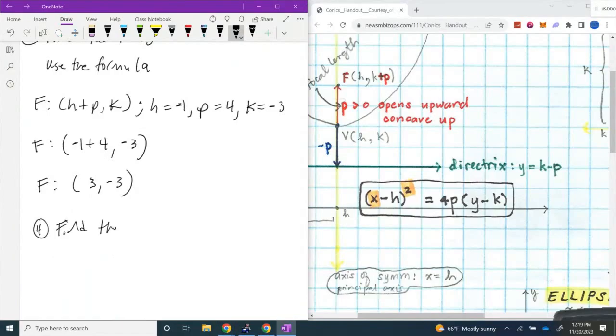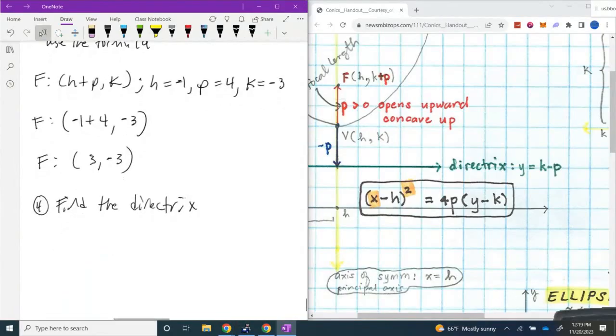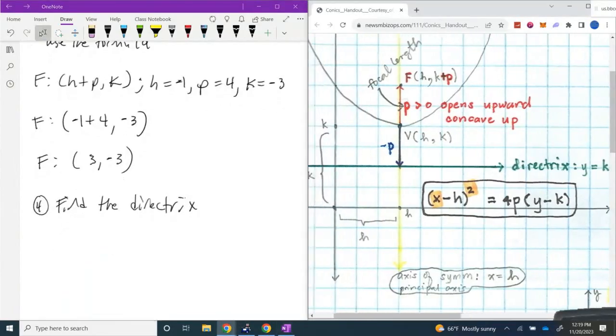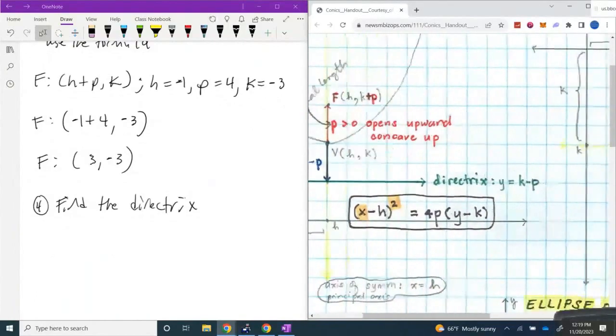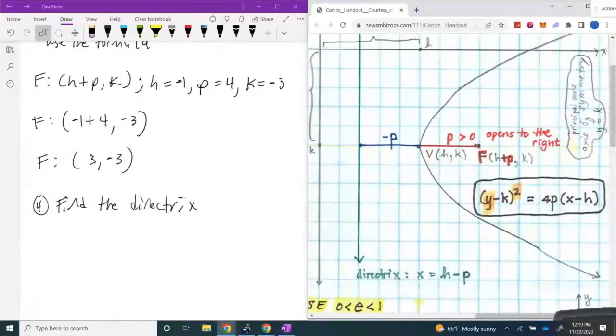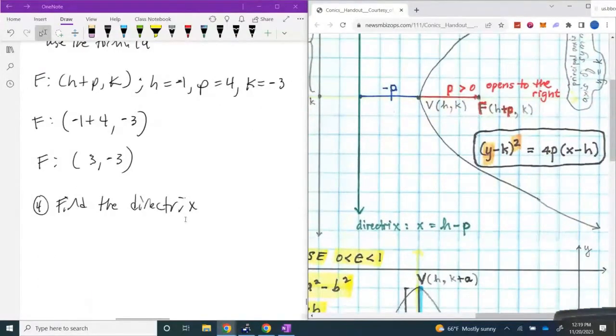Now let's find the directrix. So I'm going to look at the formula sheet. Find the right model form, which is here, the C shape. And the directrix has the formula X is equal to H minus P. So H is what?